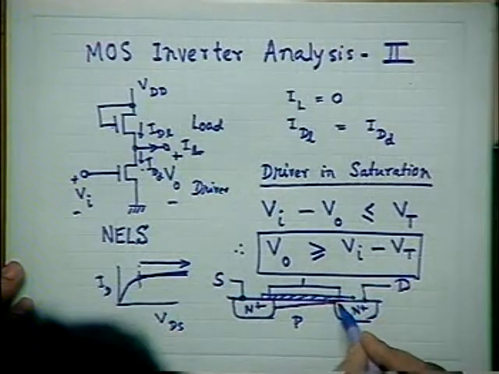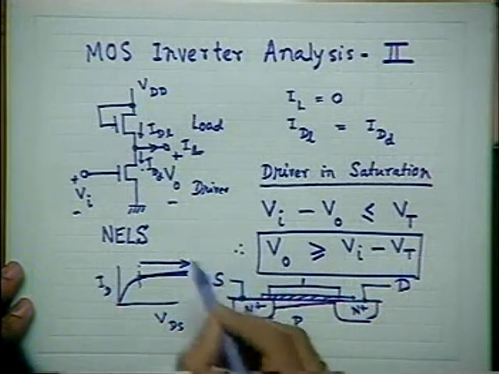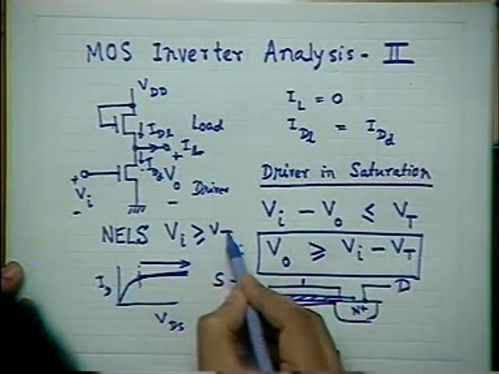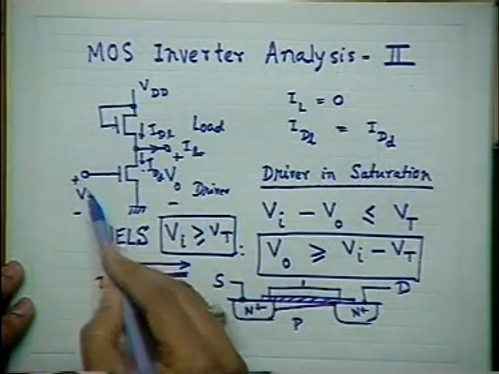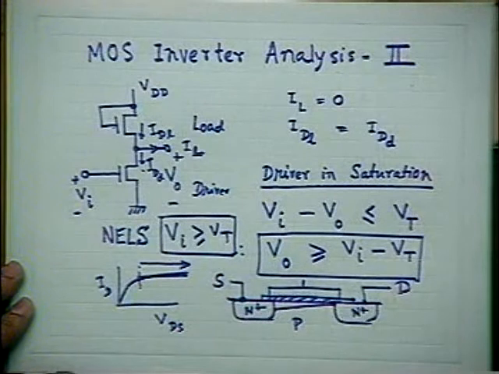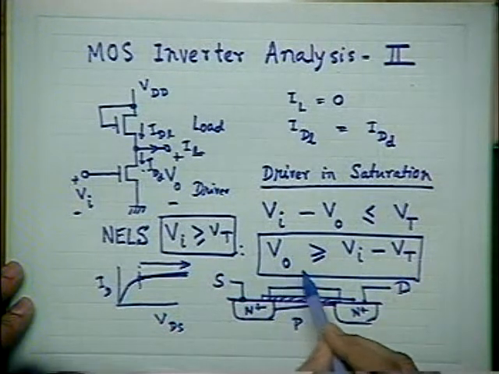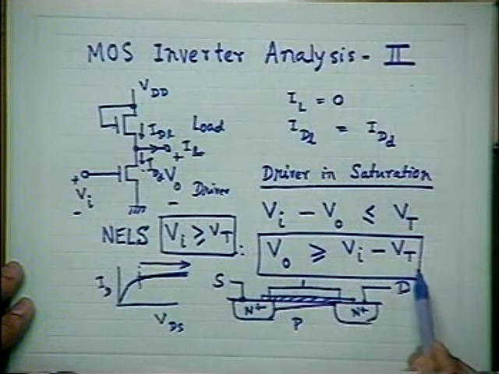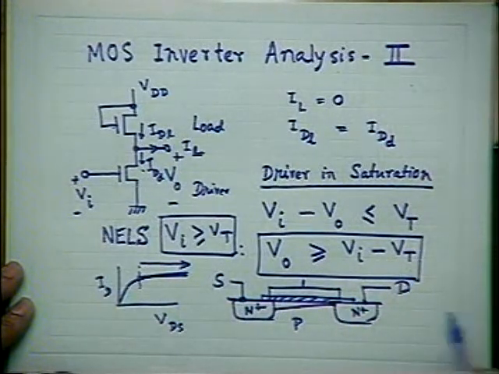At the same time you have to have the condition that VI must always be greater than or equal to VT. This condition must be there, otherwise the transistor will not be on. The input gate voltage must be greater than or equal to VT. That is a must. At the same time, I have to ensure the other condition that VO, the output voltage, should be more than VI minus VT, so that a pinch-off region exists at the drain end.